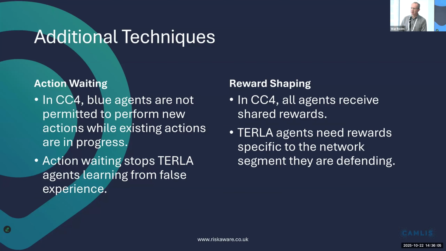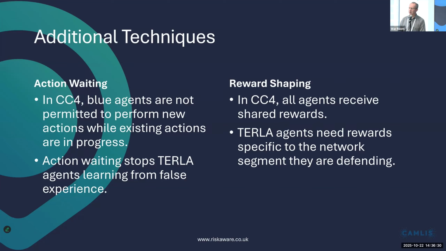Because TERLA agents learn from a latent embedding, which is kind of an aggregated view of the network, we had to implement a couple of additional techniques in Cage Challenge 4 to help TERLA agents to learn. The first of those we called action weighting. In Cage Challenge 4, blue agents aren't permitted to perform new actions while existing actions are still ongoing.